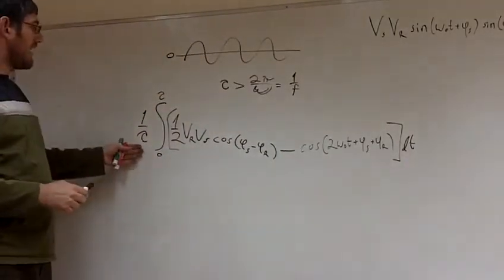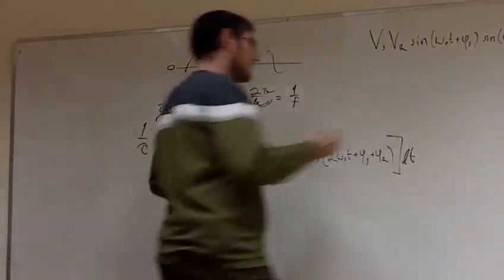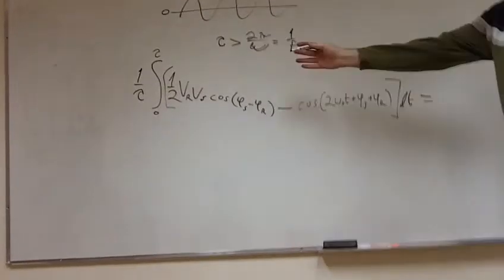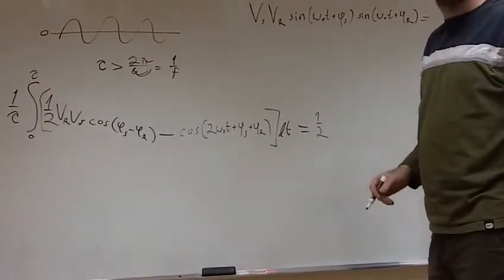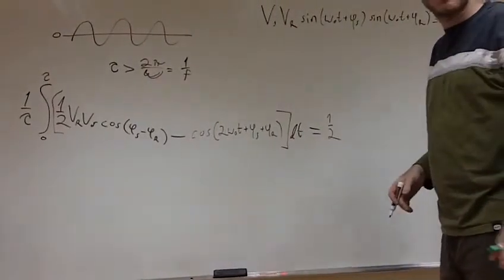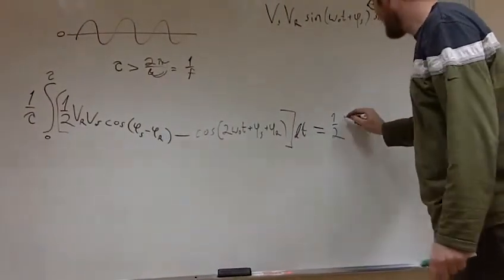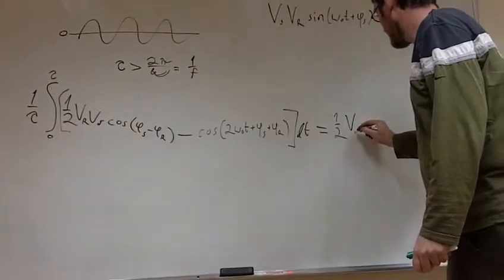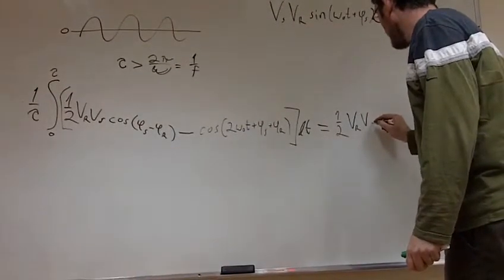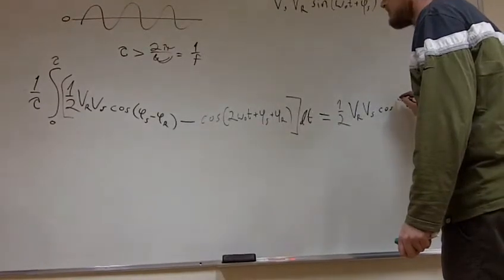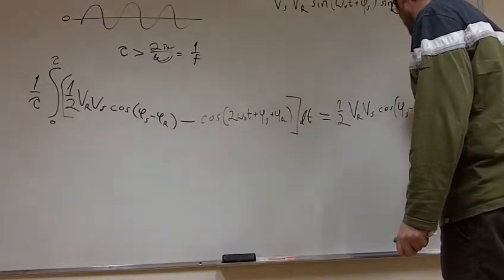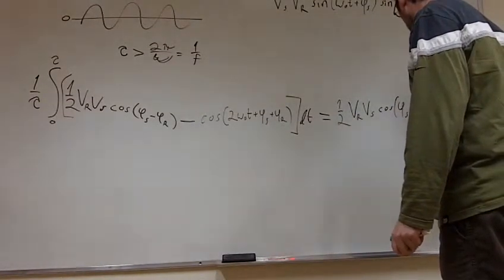So at the end of the day, after we integrate, we're left with only the DC value, cosine of phi signal minus phi r.